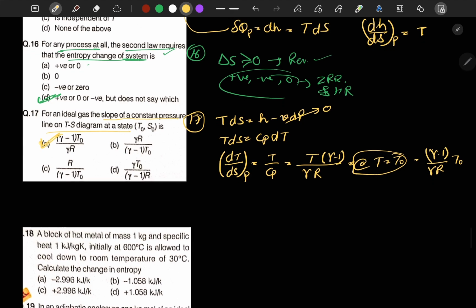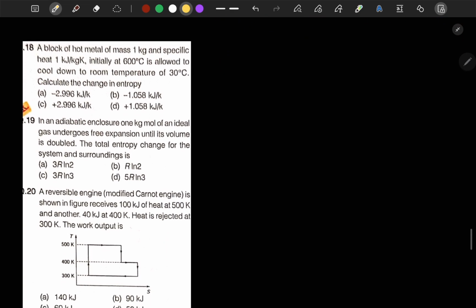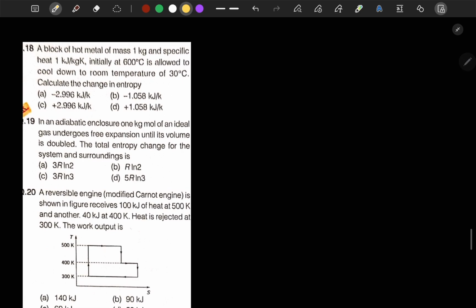Now moving to the next question, question number 18. It is mentioned that a block of hot metal of mass 1 kg and specific heat 1 kilojoule per kg Kelvin, initially at 600 degrees Celsius, is allowed to cool down to room temperature, 30 degrees Celsius. Calculate the change in entropy. Simple question. For a finite mass system, we can write change in entropy is equal to mc ln T2 by T1.